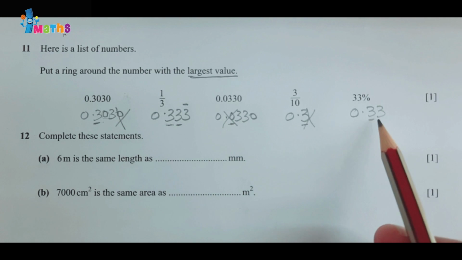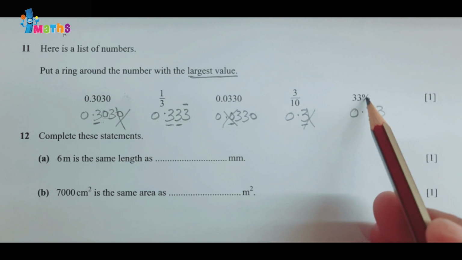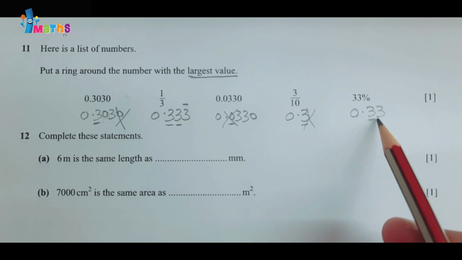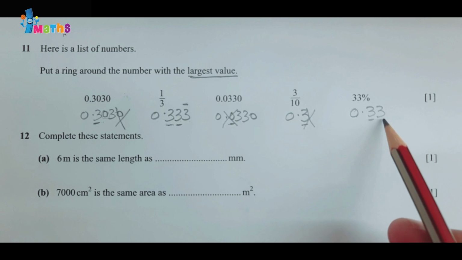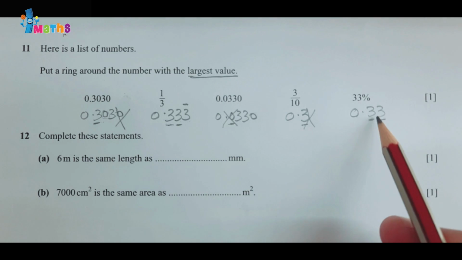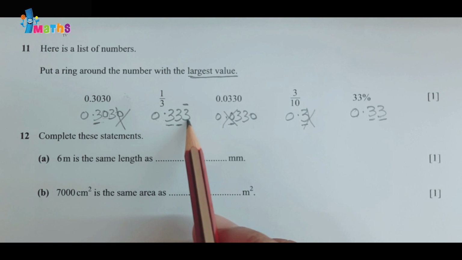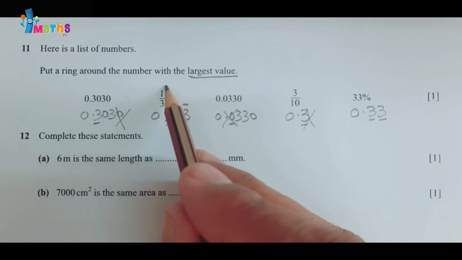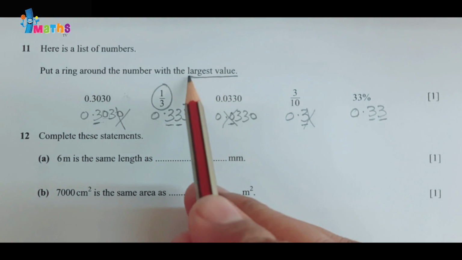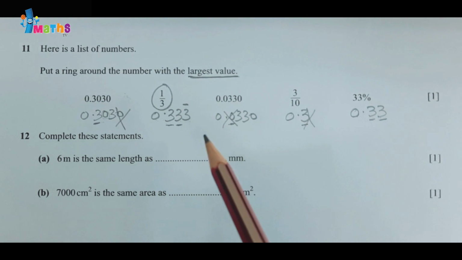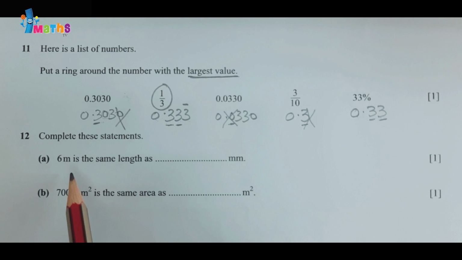We have these two numbers, 1 by 3 which is 0.333 recurring and 33% which is 0.33. So 0.33 is lesser than 0.333 recurring. Finally we can decide that 1 over 3 can be circled, which is the largest value among the given numbers.